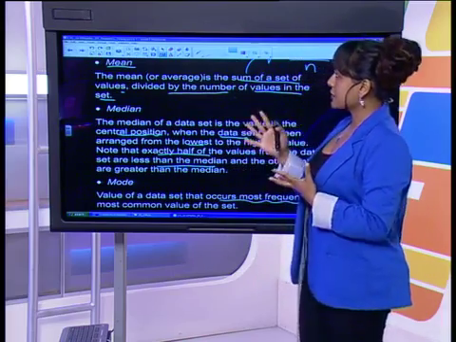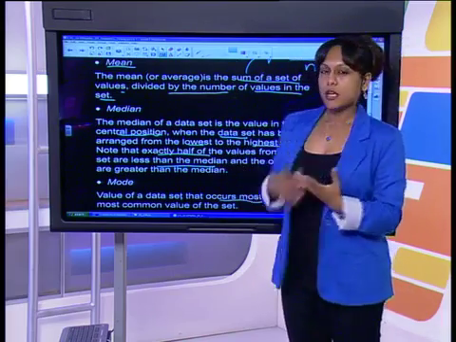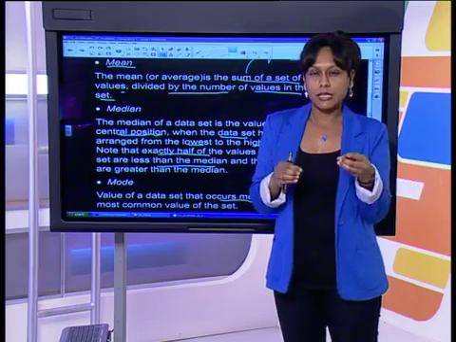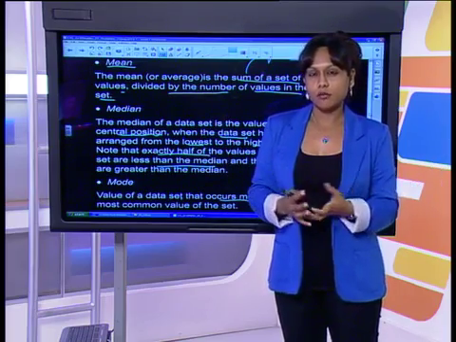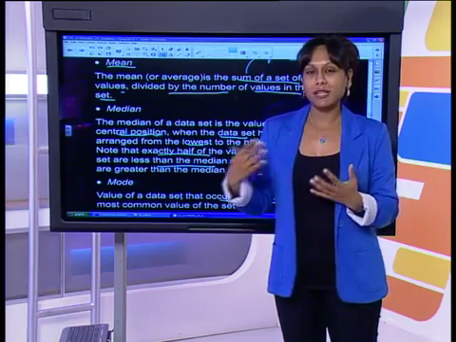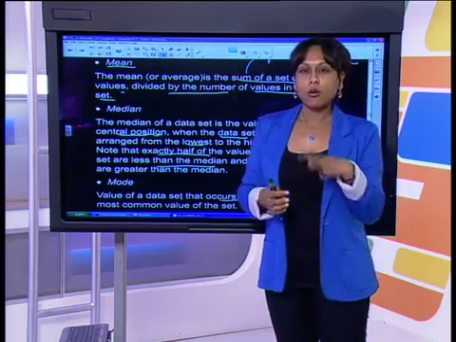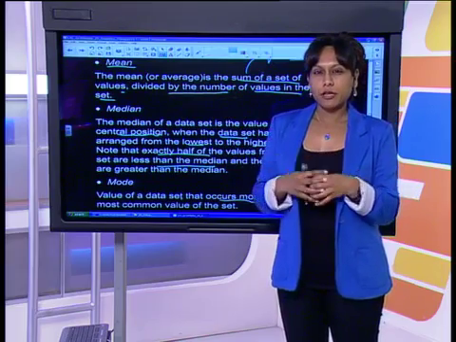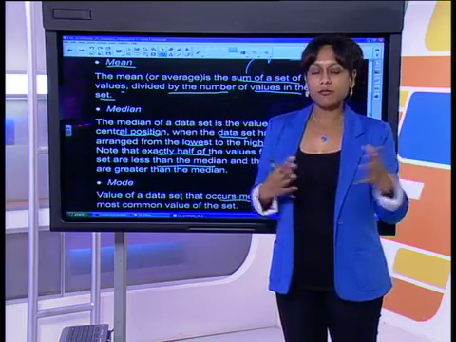Okay, just a few notes on our mean, median, and mode. With the mean, remember you were using all of the values in your data set in order to work out your mean. And what that then implies is that your mean will be affected by any outliers. Outliers, remember, are extremely high or extremely low values.